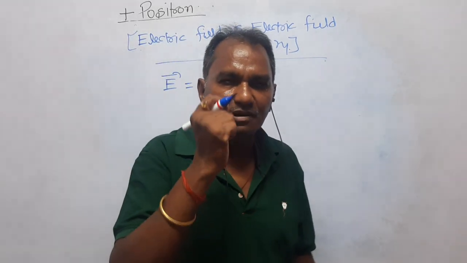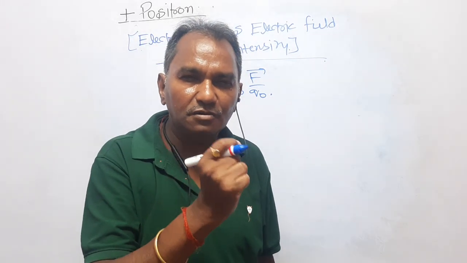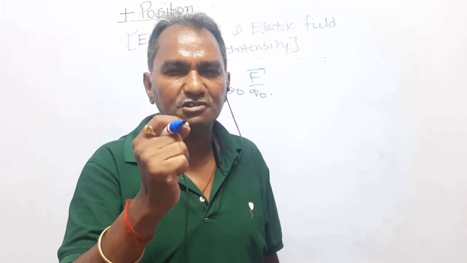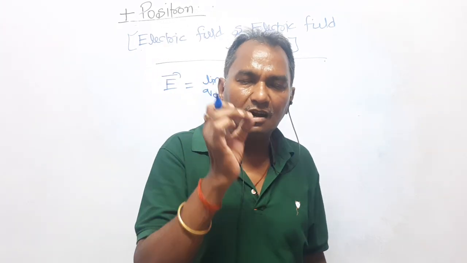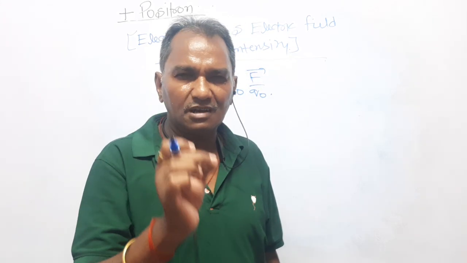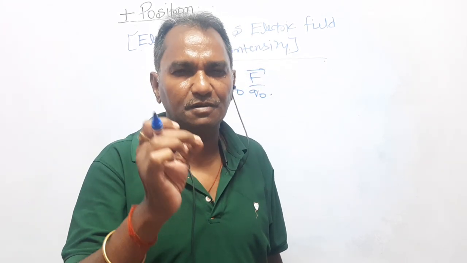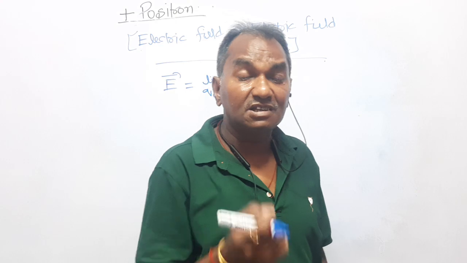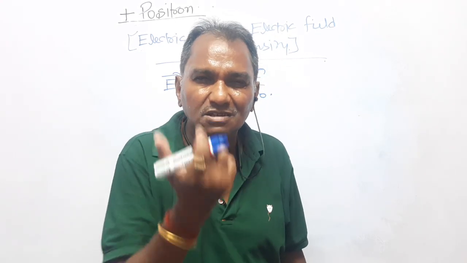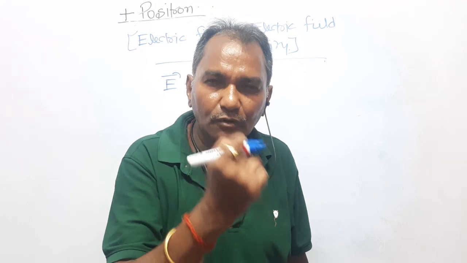Actually, the electric field intensity at a point due to a charge is the force experienced by a positive test charge at that point. Electric field intensity is defined as the force experienced by unit positive test charge at that point. This means the nature of electric field intensity is force. It is actually the force experienced by unit positive test charge.